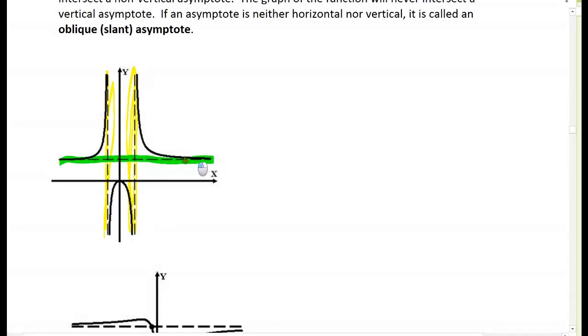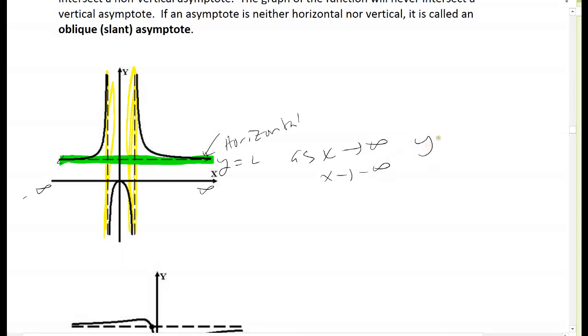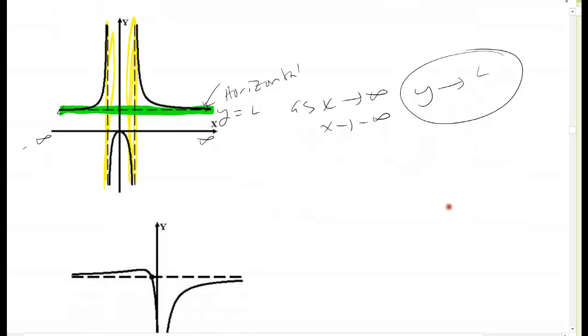The green one here is my horizontal asymptote, so that would be some y equals L, and at the tails, meaning as x is shooting off to infinity and negative infinity, my y values are approaching L. And in this first example, they don't ever cross it.